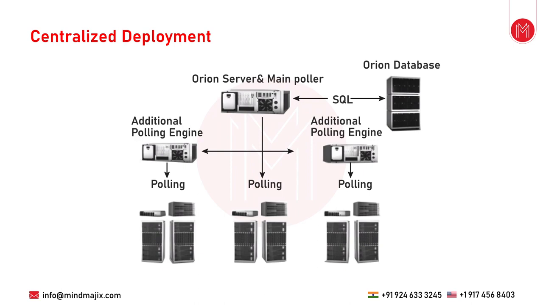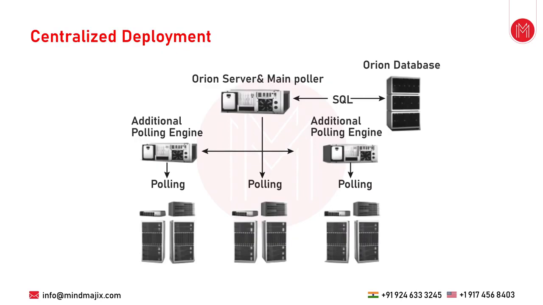Now, whenever we configure these devices with the additional polling engine, the polling part of this infrastructure will be taken care of by the additional polling engine, which in turn will report to the Orion main poller, and the information will be stored in the database.